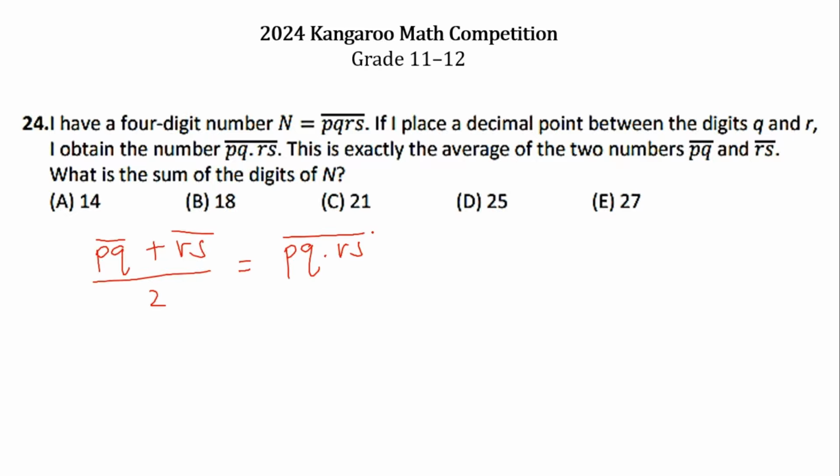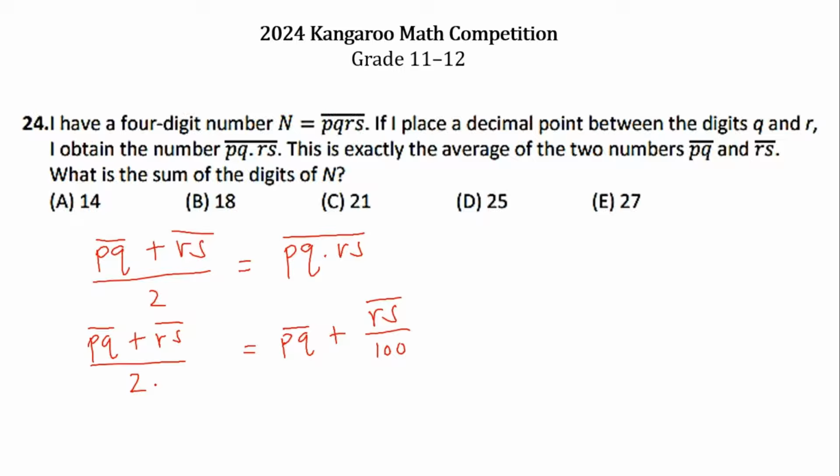Take note that we can remove the decimal point by writing PQ point RS into PQ plus RS over 100, right? So the left hand side is still the same.